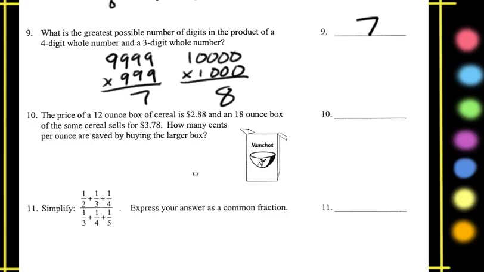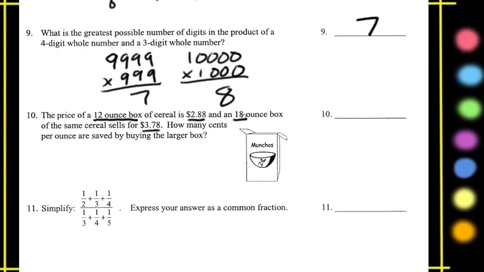Okay, the next one is about buying cereal. So the price of a 12-ounce box of cereal is here, and an 18-ounce box of the same cereal sells for this amount. The question is, how many cents per ounce are saved by buying the larger box? So one way you could do this is say, well, if I wanted to get the same amount of cereal as the larger box, I would have to buy like 1.5 of these smaller boxes, right?